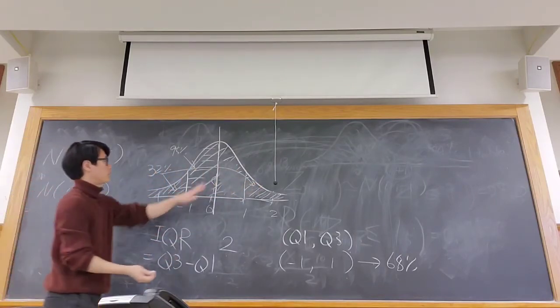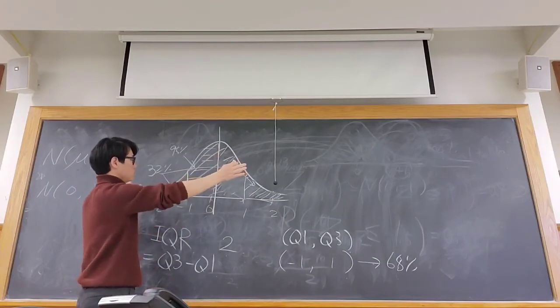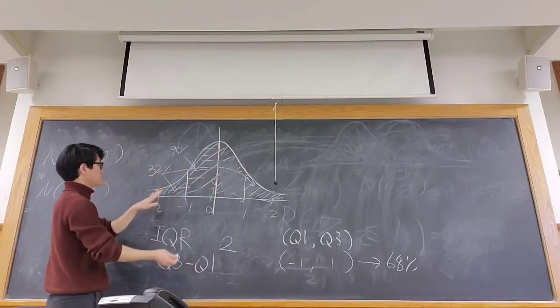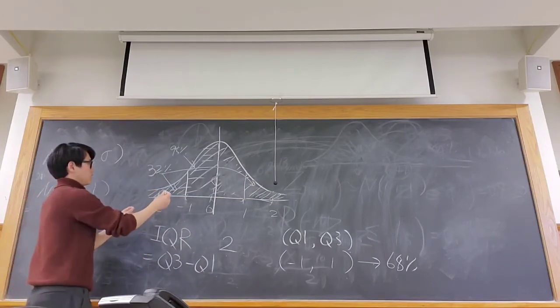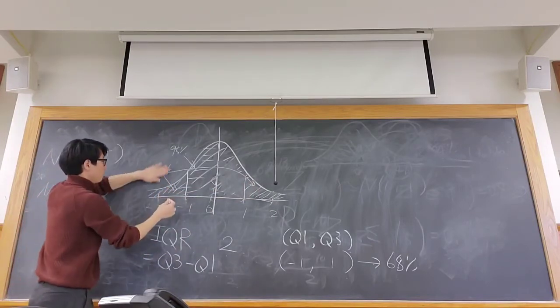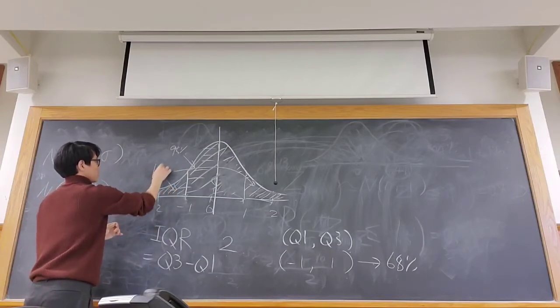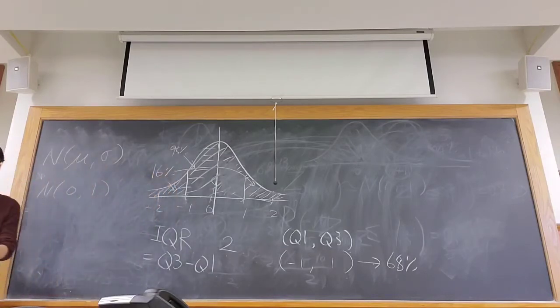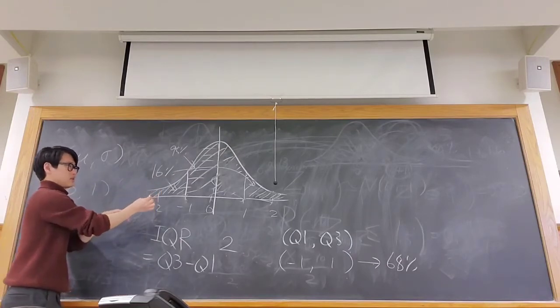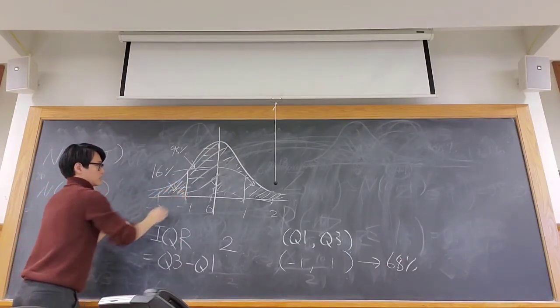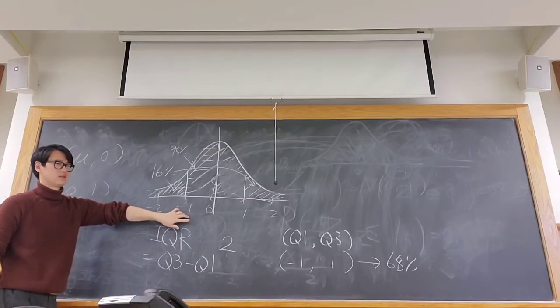Because I know this is 68, and the total will be 100, so it will be 32. And I know it's a symmetrical distribution, so one of them should be 16%, right? Does it make sense? So I know that 16% of the data is less than -1.